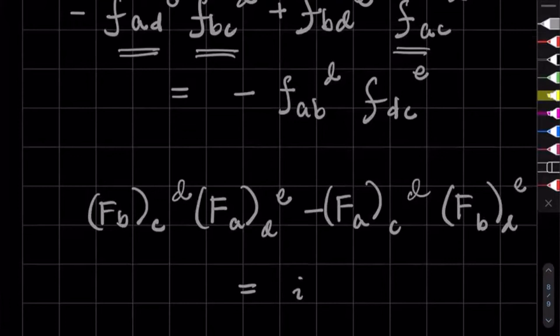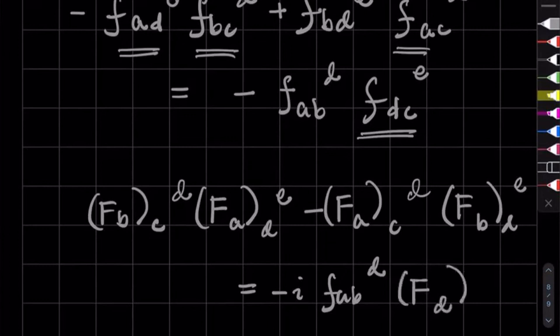Then I get a minus i, which then f_ABD, that minus i gets absorbed into this thing, which becomes f_D, CE.